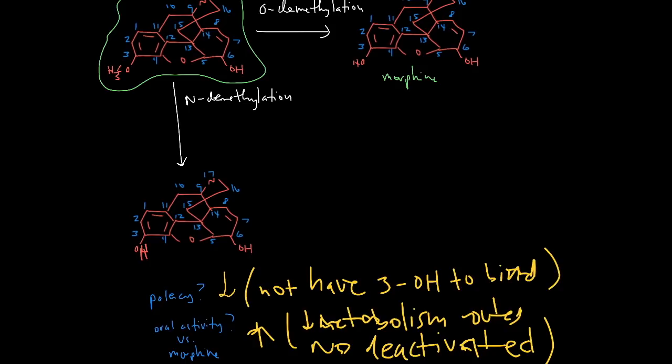Saturating the 7-8 double bond makes it more active. Adding the 14 hydroxyl makes it more active. All for the same reasons as the SAR for morphines. It's just that the codeine series is less potent because it has the methoxy, therefore decreasing binding because the receptor prefers the 3 position hydroxyl.